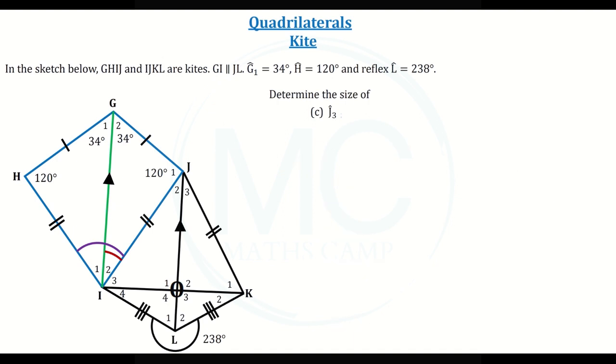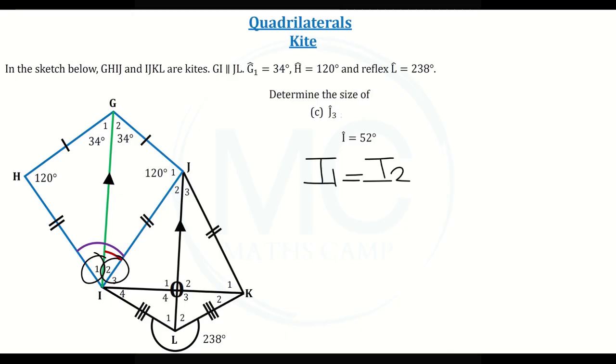So let's make some space and make a note that we just found that angle I is 52 degrees. Now we can find the size of angle I2. We know that angle I1 is equal to angle I2. So let's make a note up here. Angle I1 is equal to I2.